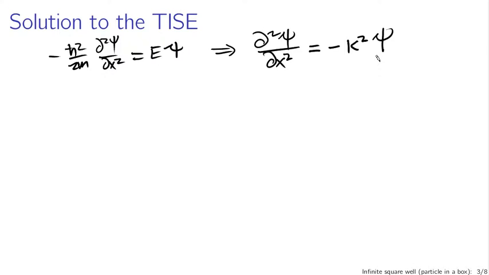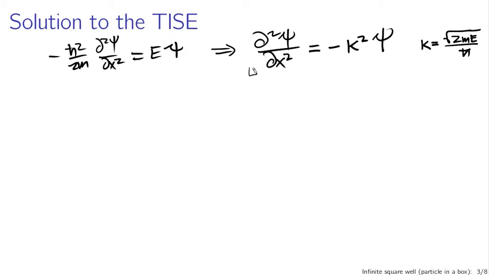And this is the sort of little trick that people solving differential equations employ all the time. Knowing what the solution is, you can define a constant that makes a little more sense, in this case using a square for k instead of just some constant k. But in this circumstance, k is equal to root 2m times E over h bar. So this is our constant, which you just get from rearranging this equation.